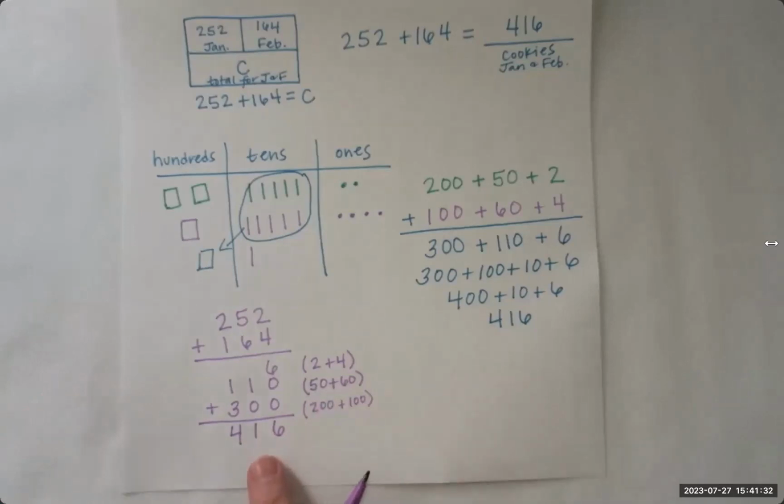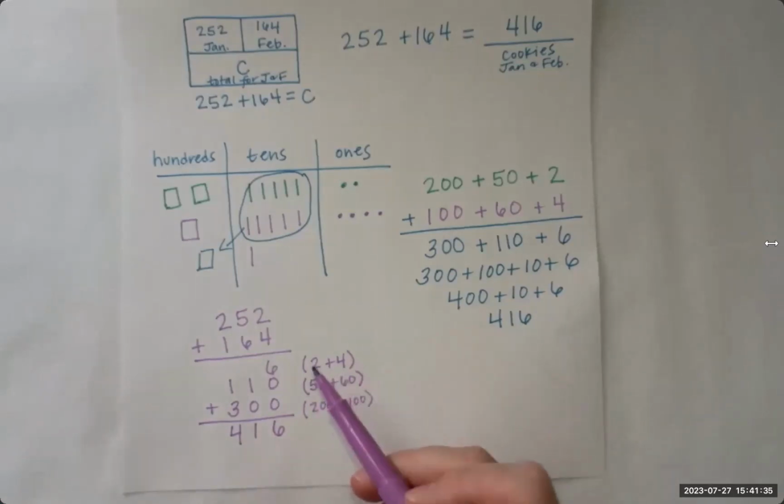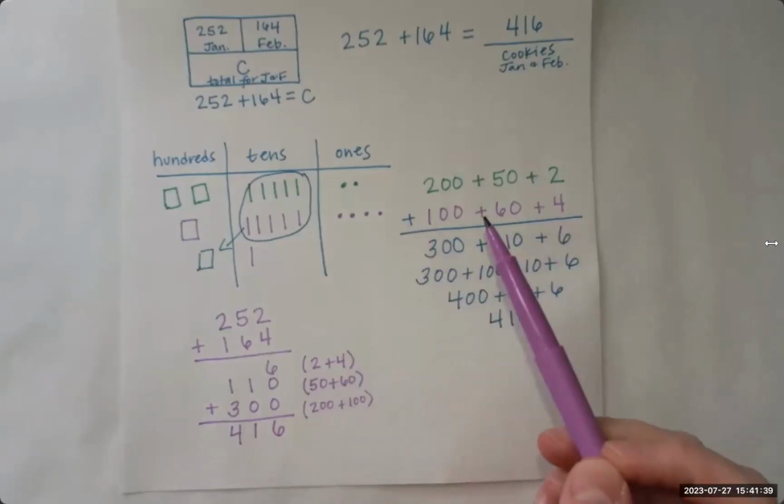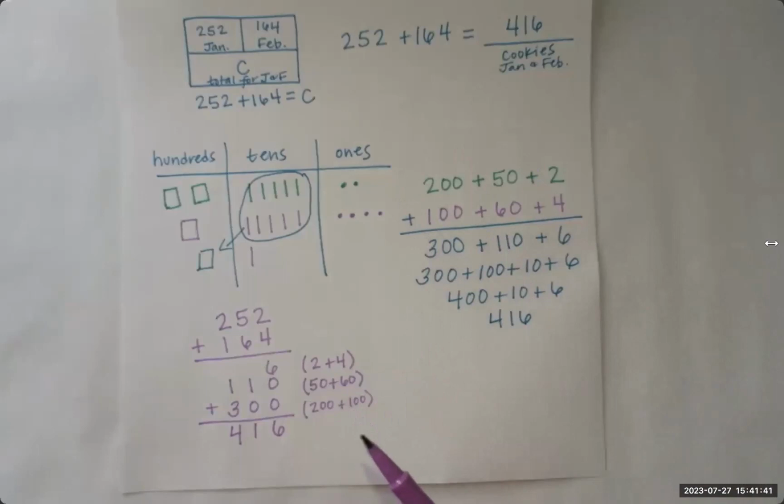So again, I get the same answer, 416. You'll see a very similar process as we use with expanded form. And this is called partial sums. It's another strategy that students can use to help them add 2 whole numbers.